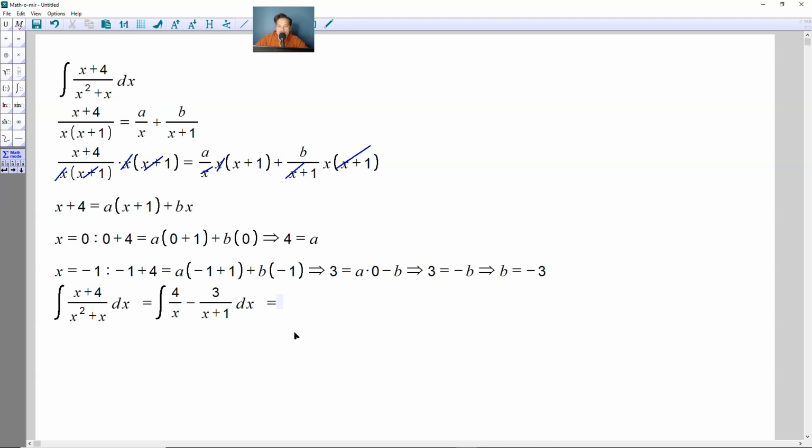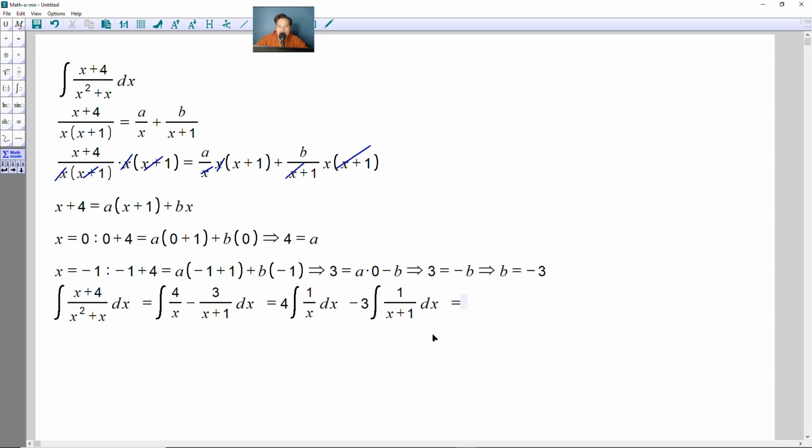Then you can distribute the integral operator to each piece individually. I'm going to put the 4 on the outside, leaving 1 over x dx, minus, pulling the 3 on the outside, the integral of 1 over x plus 1 dx.